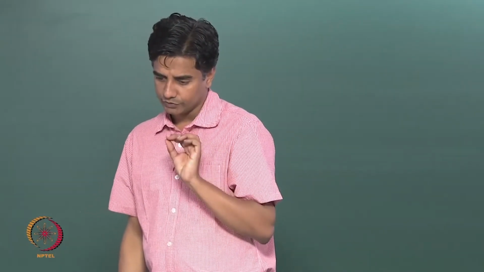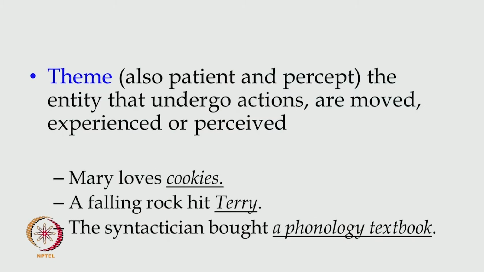There is one or two more that I want you to see. The next one is called theme. Okay? And it has its description, you can read that, but more importantly, look at the examples. Mary loves cookies. Compared to both the thematic relations that you have seen so far, agent and experiencer, is cookies an agent here?